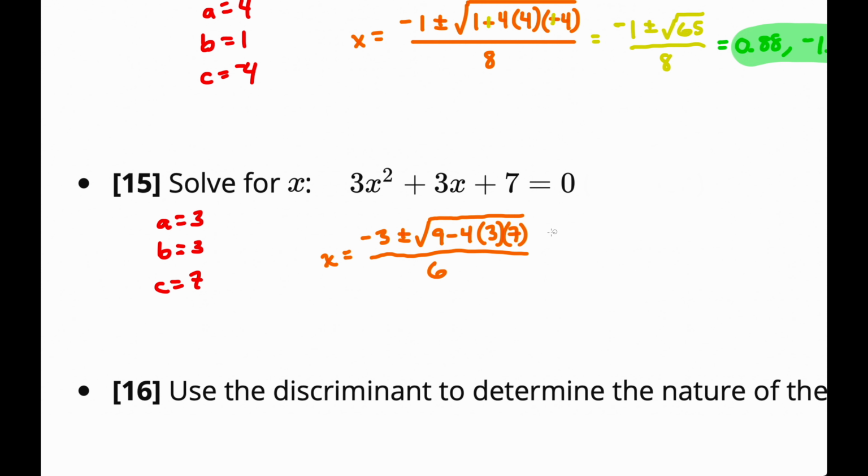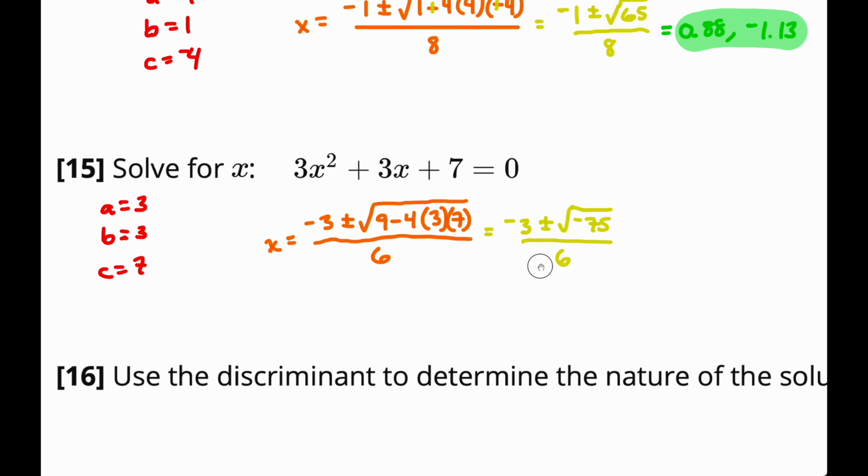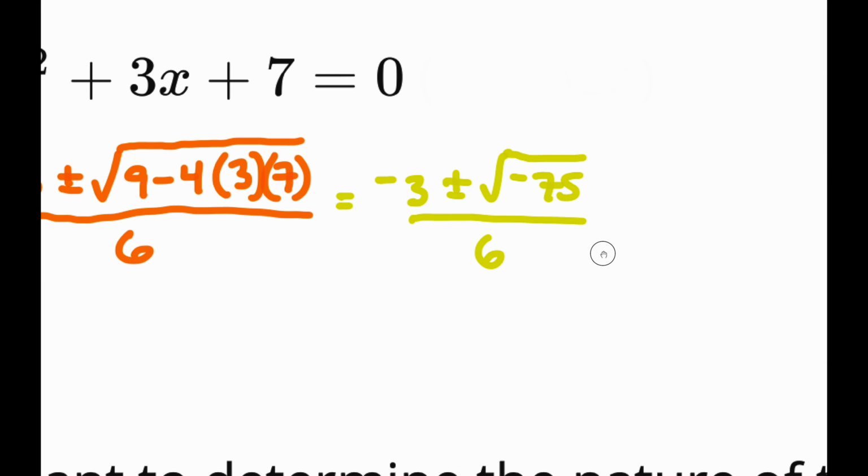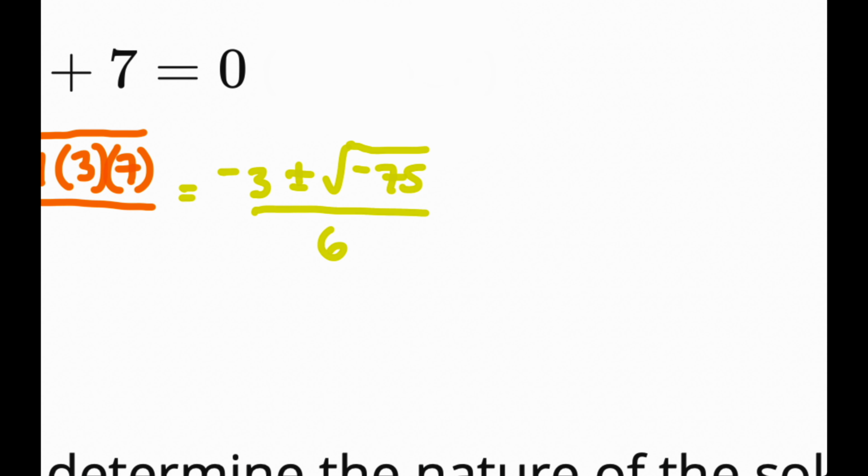Okay, let's simplify this out. You end up with negative 3 plus or minus the square root of 9 minus 12 times 7, which is negative 75. So the square root of negative 75 here divided by 6. Okay, so that negative 75 can actually break down. So we can pull the i out of there. We can also pull a 25 because that's a perfect square.